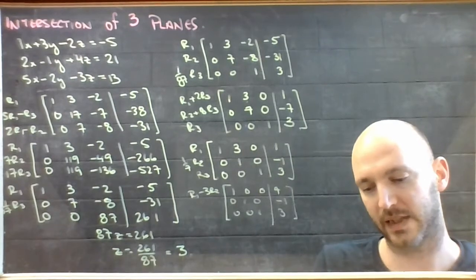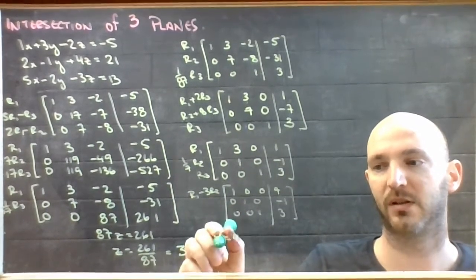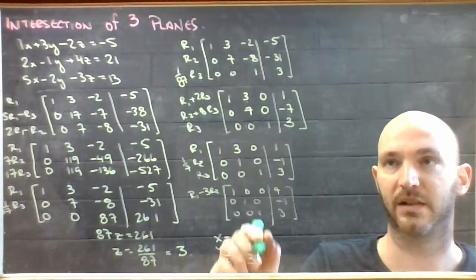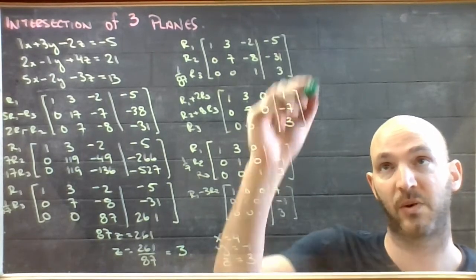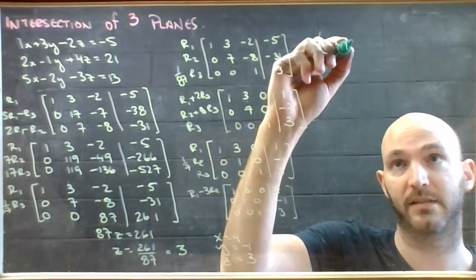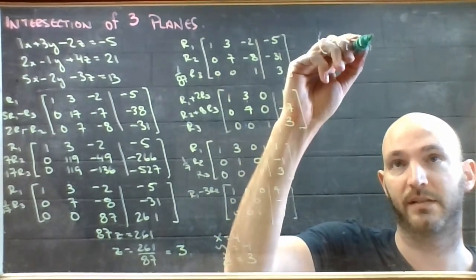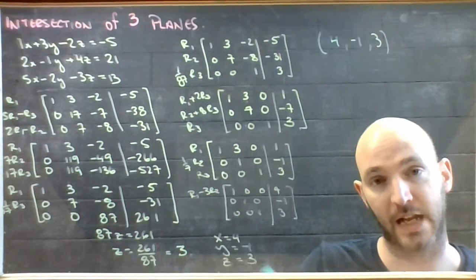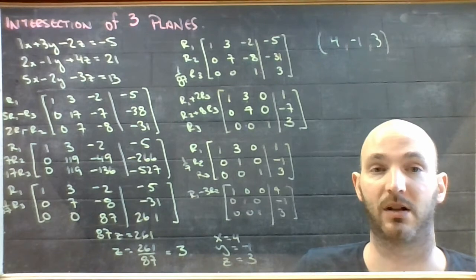So what I've got there is a matrix that's telling me that x equals 4, y equals negative 1, and z equals 3. So these three planes intersect on a nice clean point at 4, negative 1, 3. So if this happens to you and you get actual values for x, y, and z, they have intersected all on one single point.